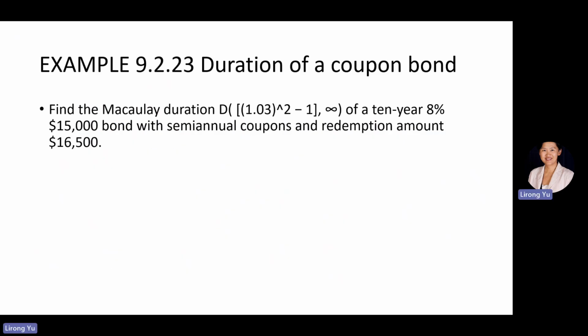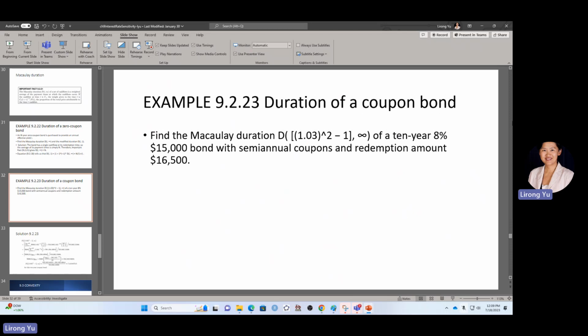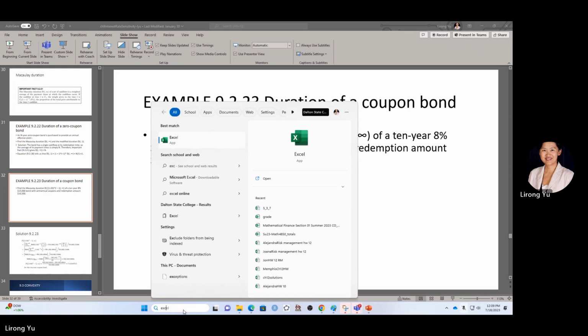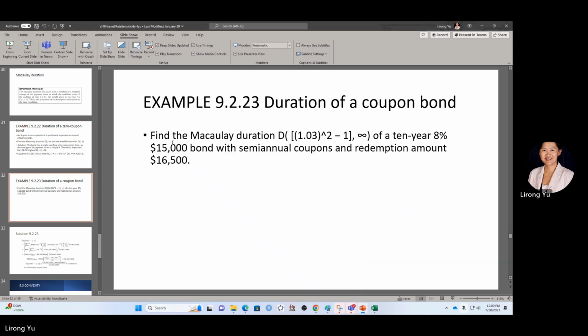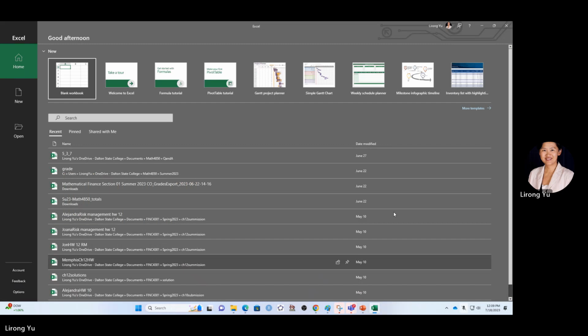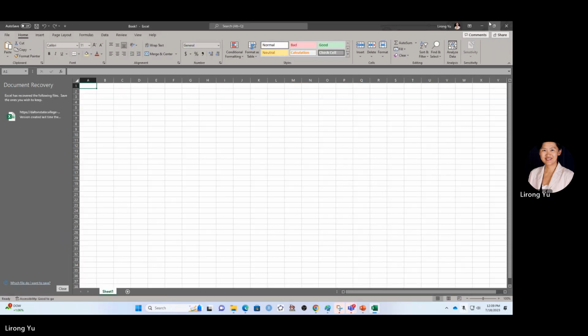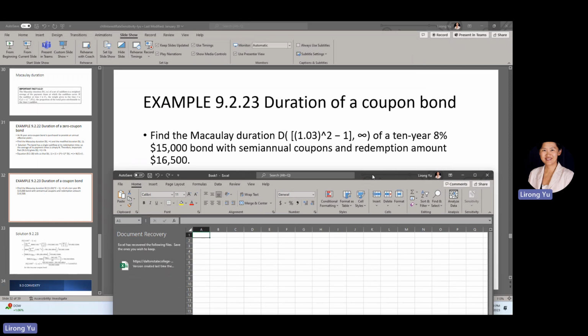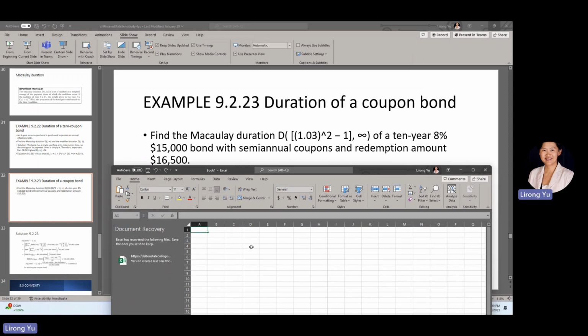Okay, so we can actually calculate this using a spreadsheet. According to what we're mentioning here, we need to know the time of the cash flow, the actual cash flow, and then the present value of the cash flow.